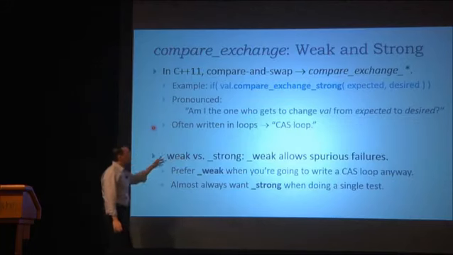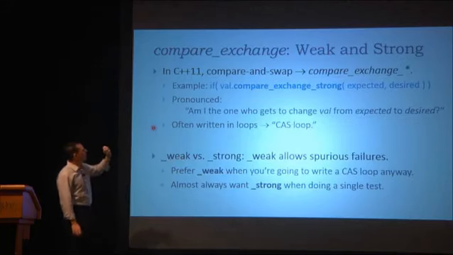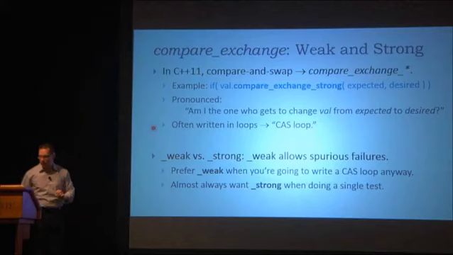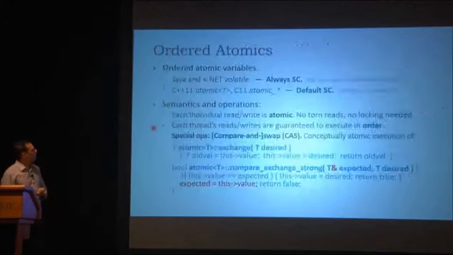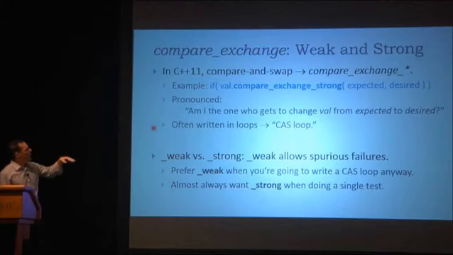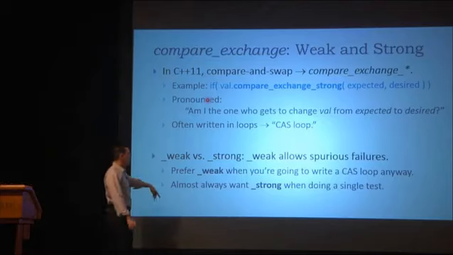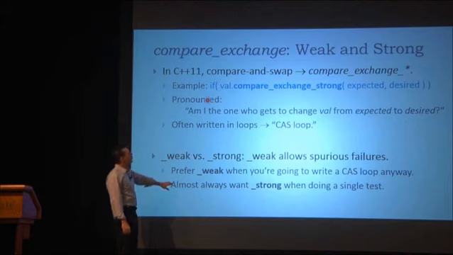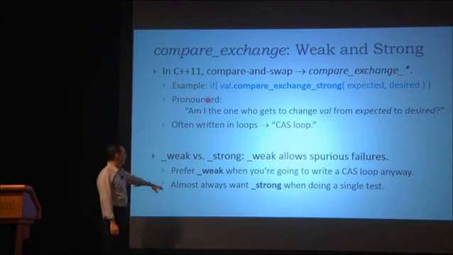And the way that you think about this, compare_exchange_strong, if val.compare_exchange_strong from expected to desired, it's pronounced, am I the one who gets to change val from expected to desired? And the weak version is often written in a loop, whereas when you use the strong version, you're usually doing a single test like that if.